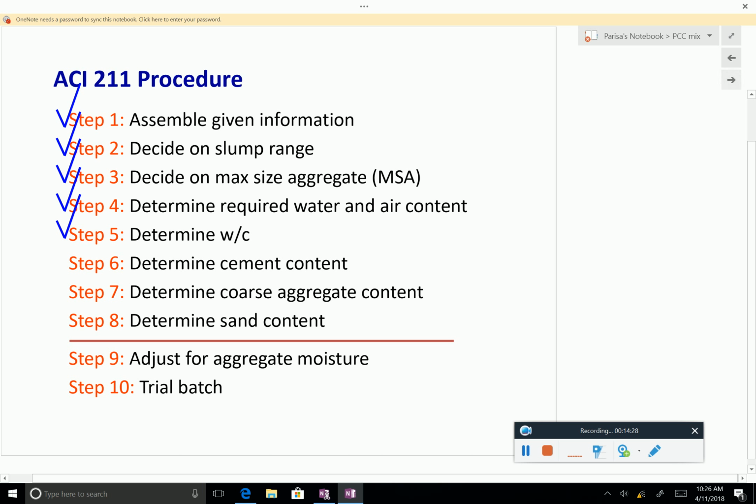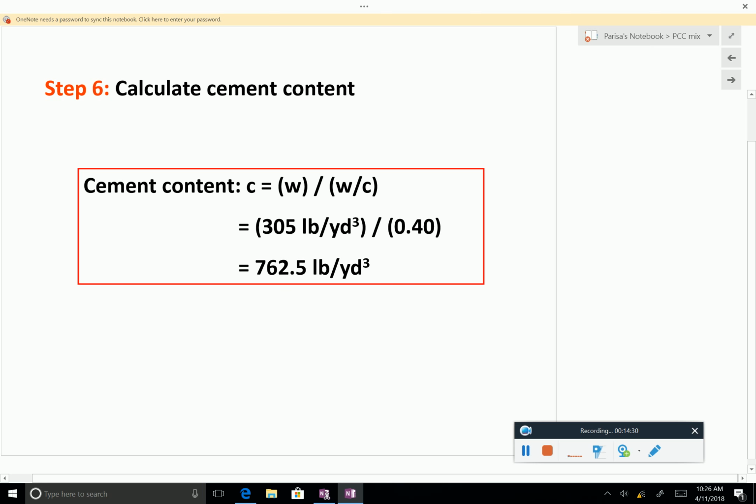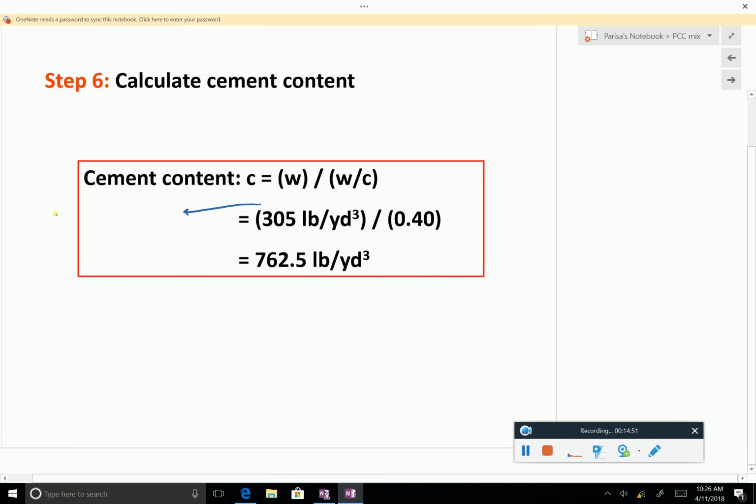We move to the next step, and that's calculating the amount of cement. Go back to your notes and see that in the table, we found the amount of mixed water, assuming that aggregates are in SSD condition. Don't forget that. This is just mixed water, assuming SSD condition for aggregates, both fine and coarse.